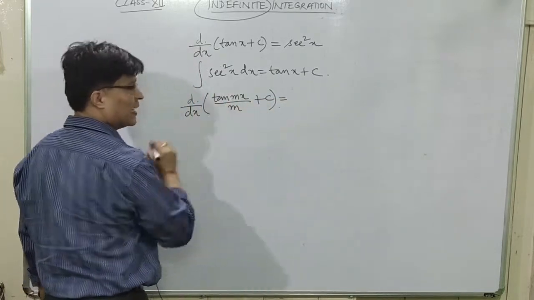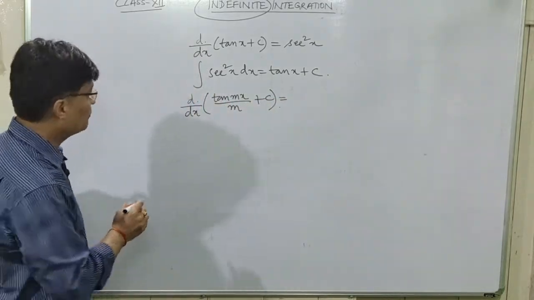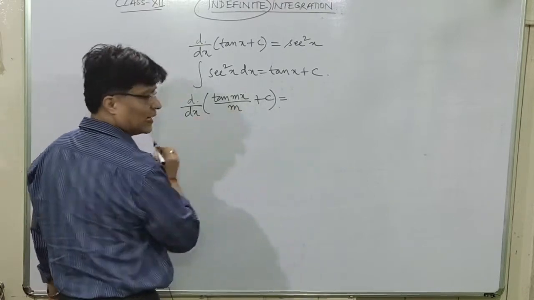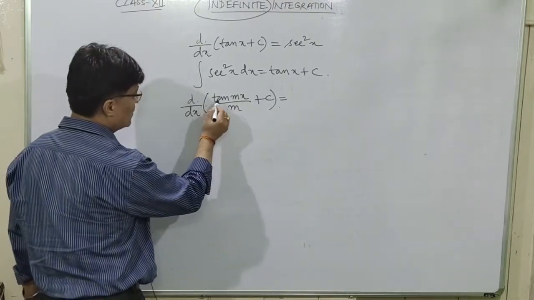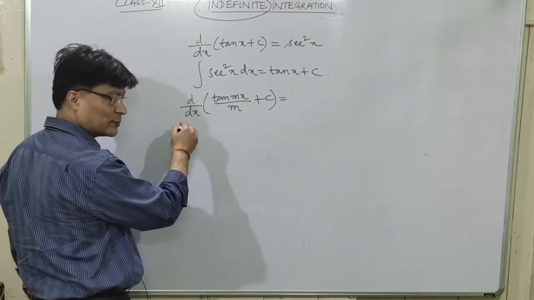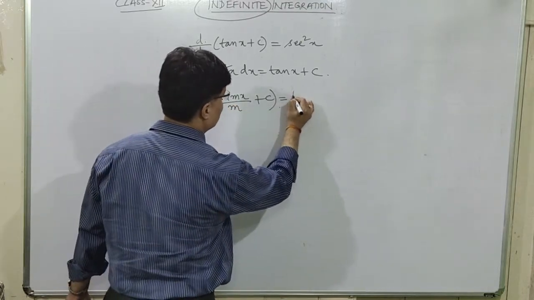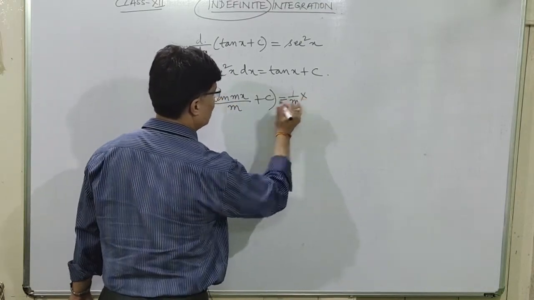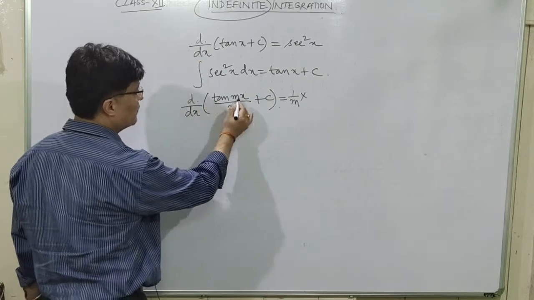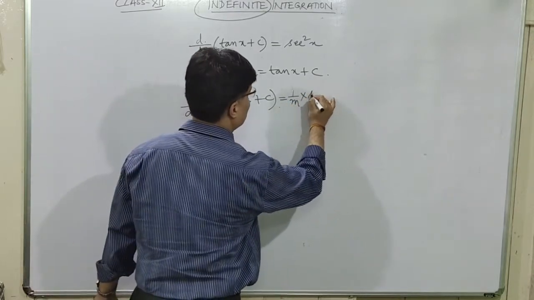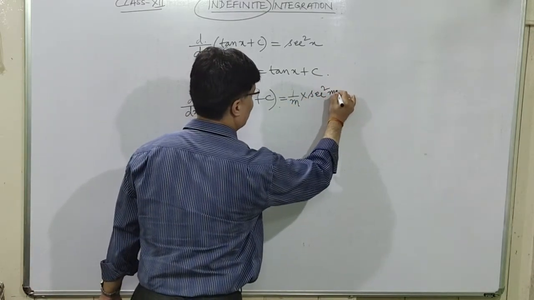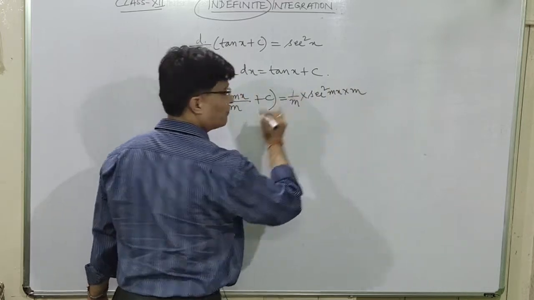Here m and c are constant. So what is the differentiation of tan mx by m with respect to x? So here 1 by m is constant, 1 by m is kept as it is. What is the differentiation of tan mx? You know that this is sec square mx into m.